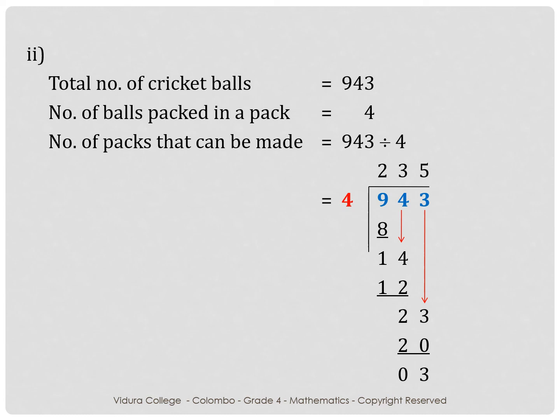As shown, you want to write 943 divided by 4. So, as shown using the long division method, you want to divide 943 by 4. So, the answer equals 235. Remainder equals 3.